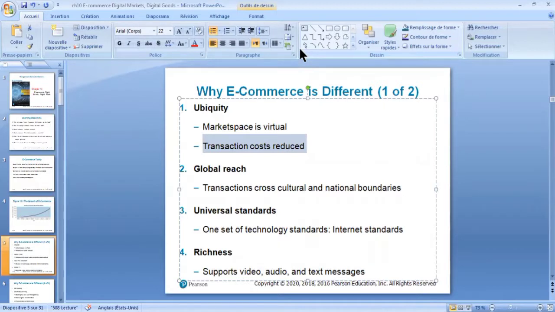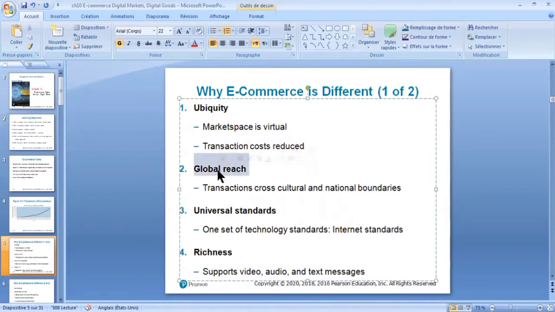You will spend less on warehousing costs, and sometimes you don't need warehouses when you are running an online shop. So as a result, sellers can transfer these cost savings to consumers by, for example, giving them more discounts, and they can also keep the same profits.